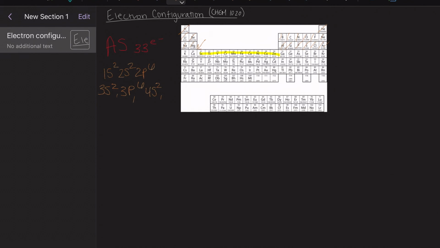We're actually going to use 3d, and we'll fill in 3d with 10 electrons. And then we can just put the rest of the electrons in 4p, and we'll use 1, 2, 3 electrons. So this is the electron configuration for arsenic.